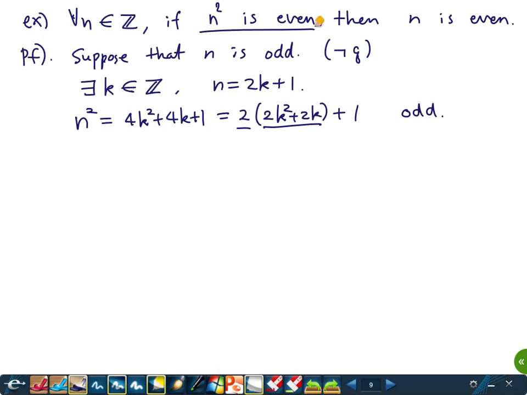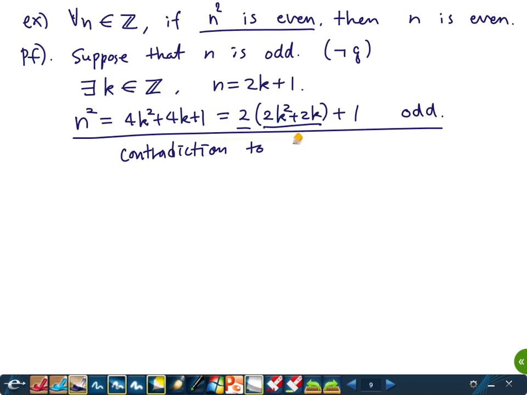So what is this? We assume that n squared is even, but now we are saying that n squared is odd. This is a contradiction. Usually we say it is a contradiction to the assumption, the assumption that n squared is even. You cannot have both: n squared even and n squared odd.